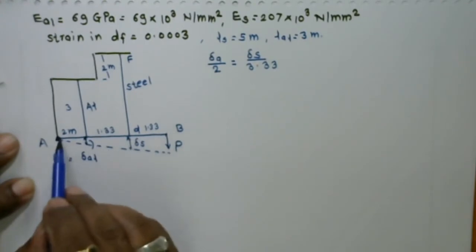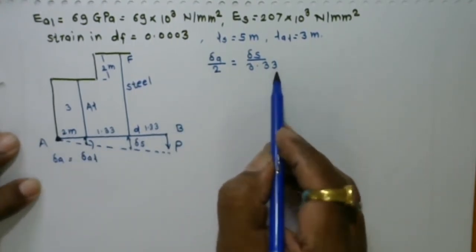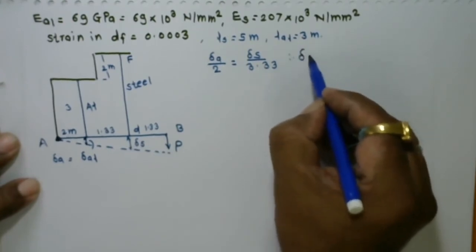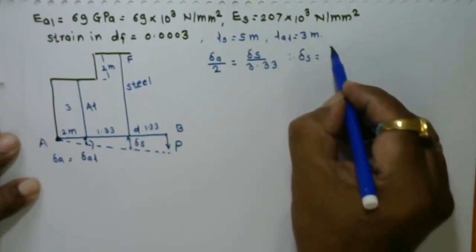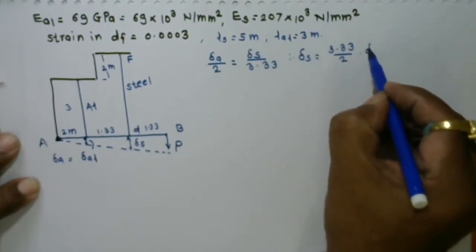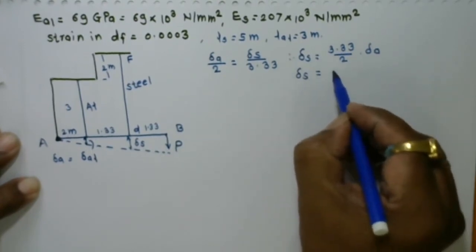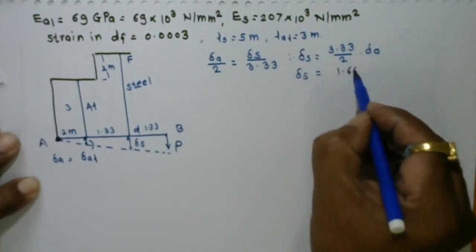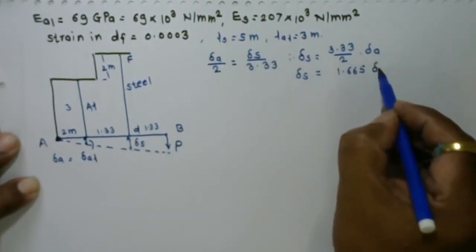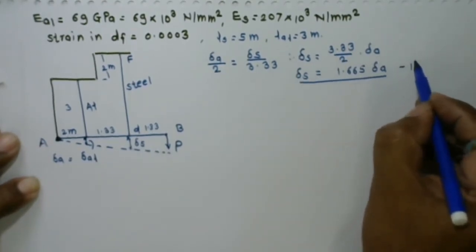This deflection from 2 plus 1.33, it becomes 3.33. So therefore delta S is equal to 3.33 divided by 2 into delta AL. So you will get here relations delta S is equal to 1.665 delta AL. Say equation number 1.